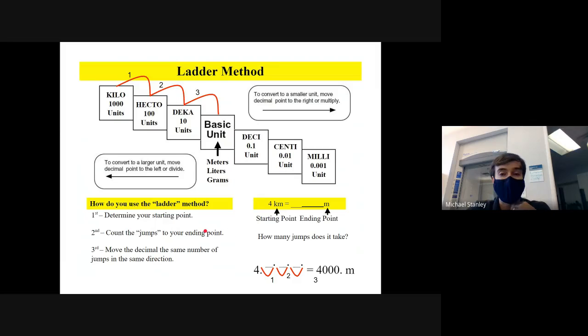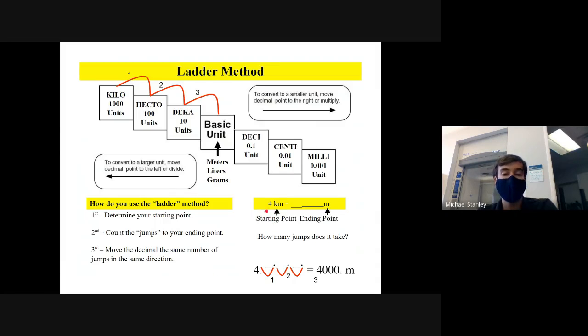The next thing that we have to do is move off of our ladder and go over to our number. And we're going to use the number of jumps that we just did and the direction that we just moved in to move our decimal point.